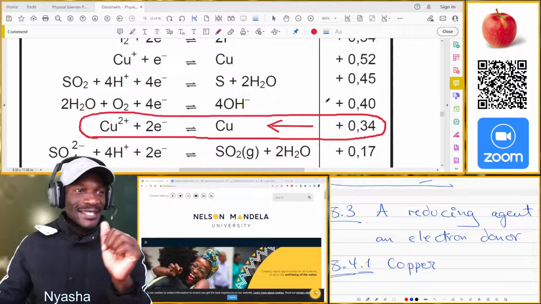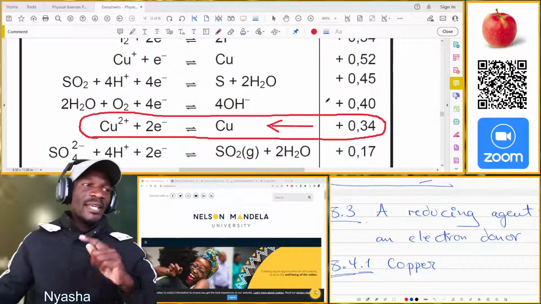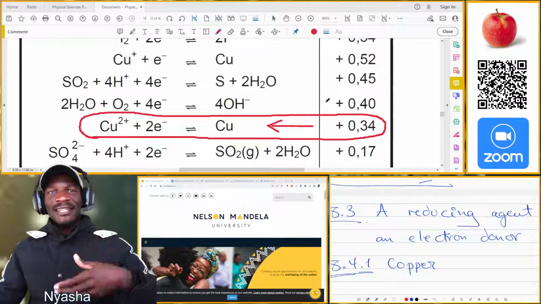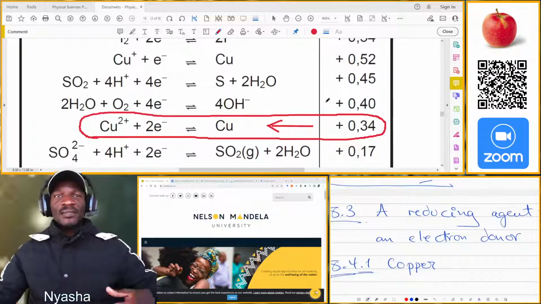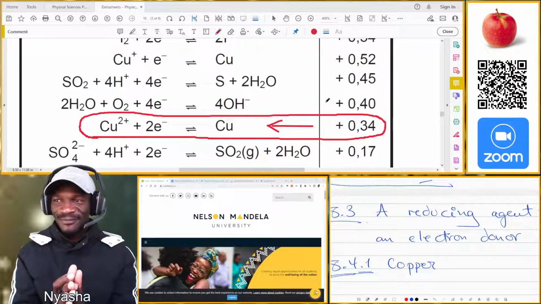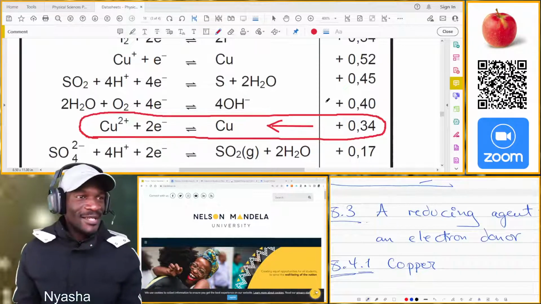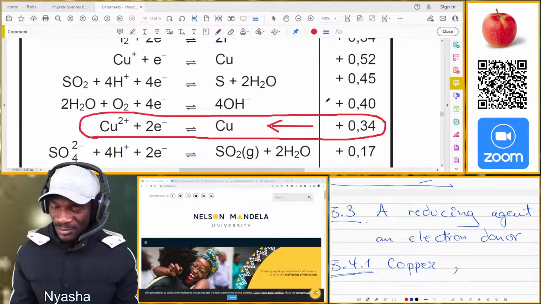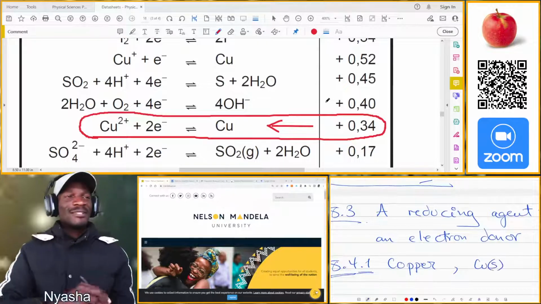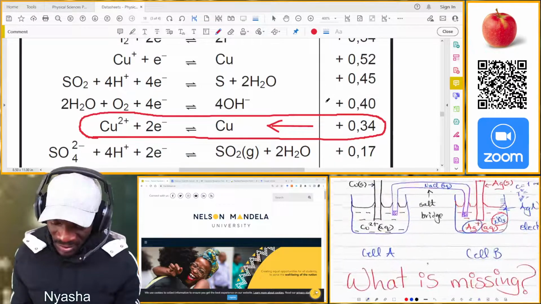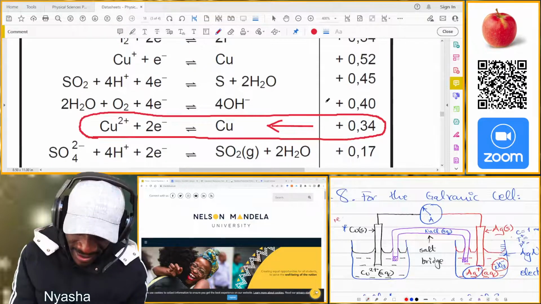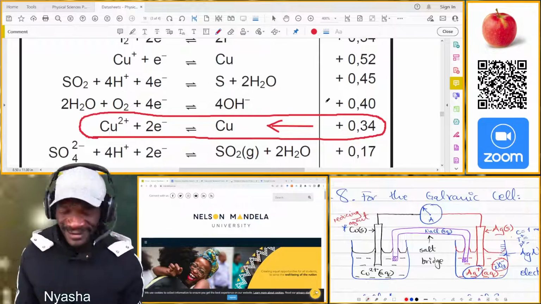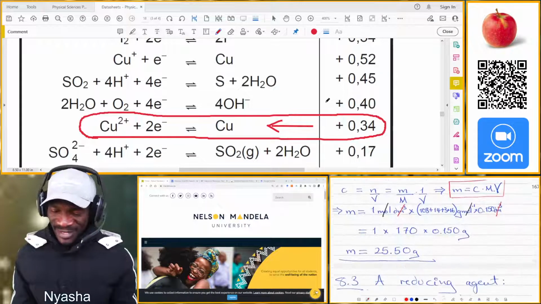That is the only way the reaction can result in the donation of electrons into solution. Do you get that part? So the copper we're considering is the solid copper, this one. This is our reducing agent. Does that make sense?